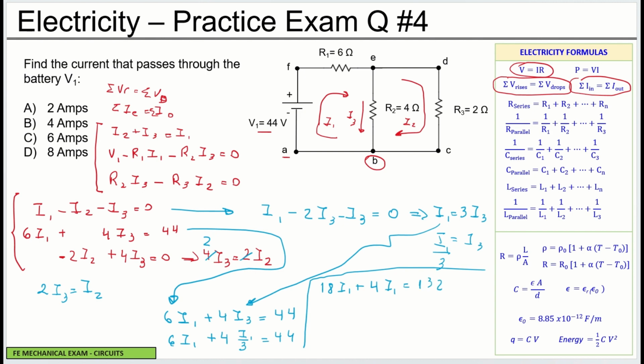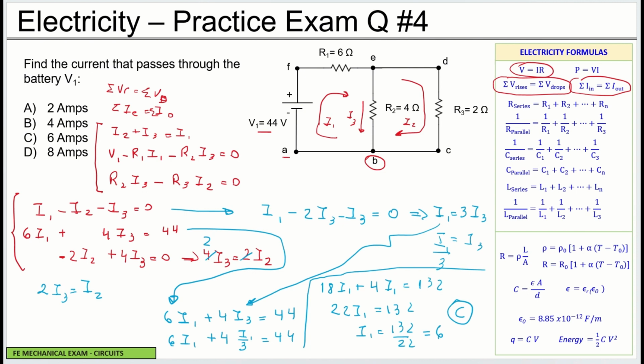So now I have 18 plus 4 is 22, I1 equals 132. I1 equals 132 divided by 22, and this is 6. So 6 is the answer, C.